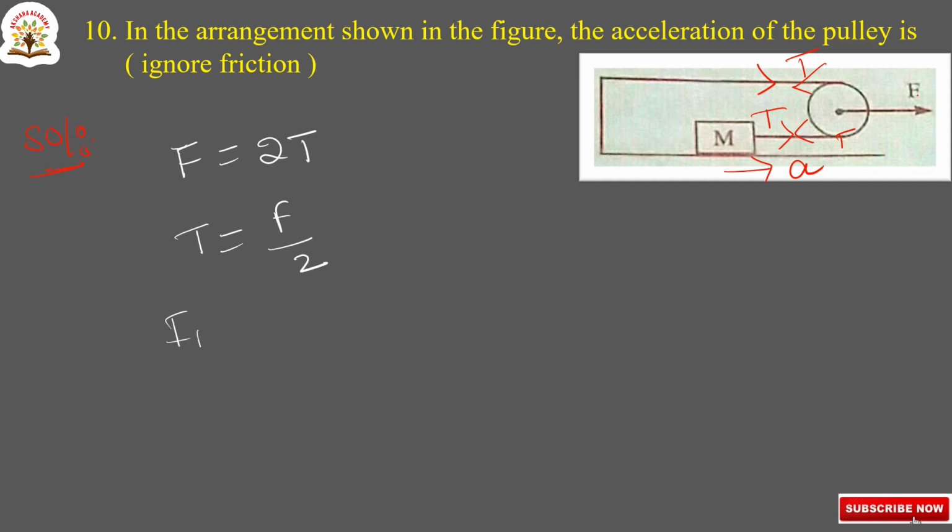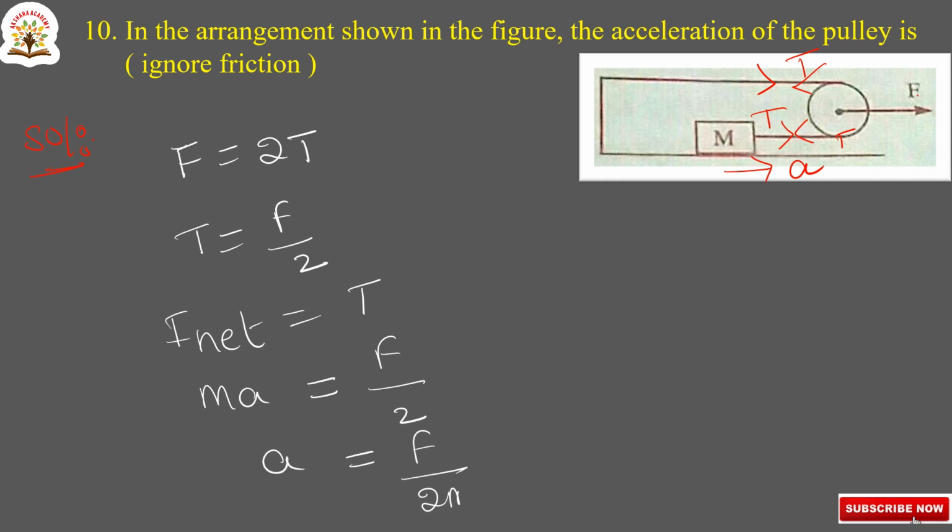So F net is equal to T. F net is nothing but mass into acceleration from Newton's second law of motion, that is F by 2. So from this we write a is equal to F by 2m. This is the acceleration of the pulley. a is equal to F by 2m. Okay, next we will go to the next question.